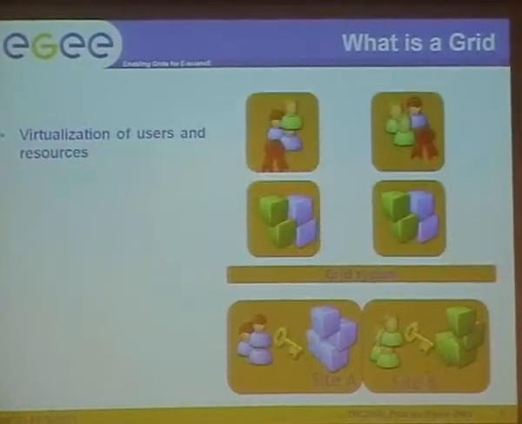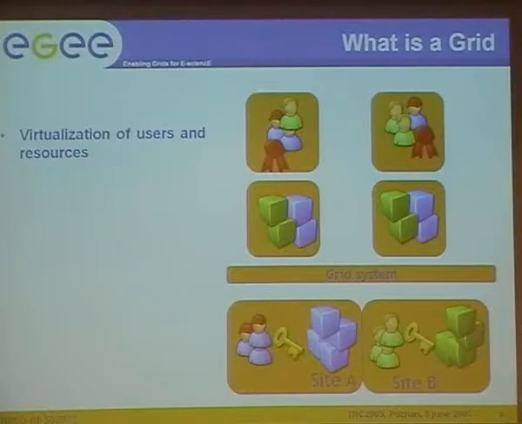Without a grid, each user of one site should have a local credential to the resources of the other site. By using a grid system, we can virtualize both resources and users so that we decouple from the physical details, and we are able, for example, to create local identity.